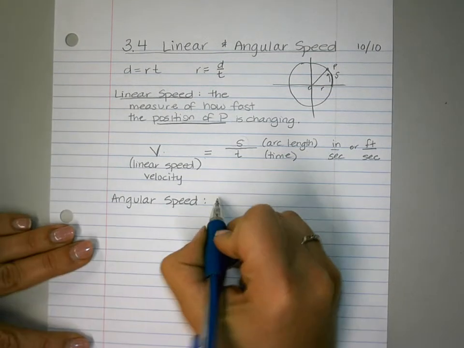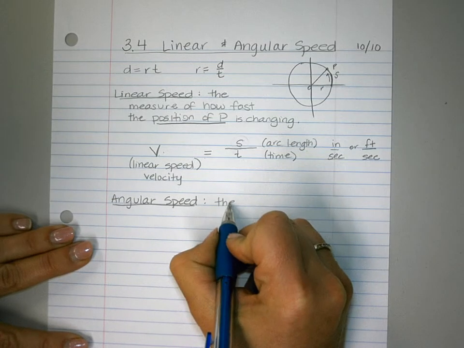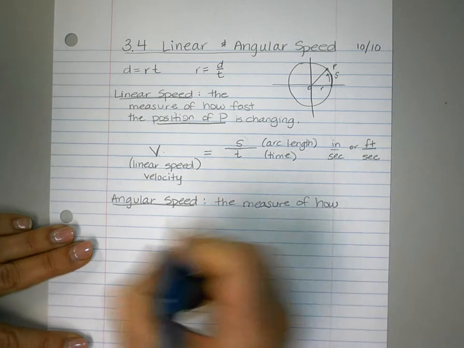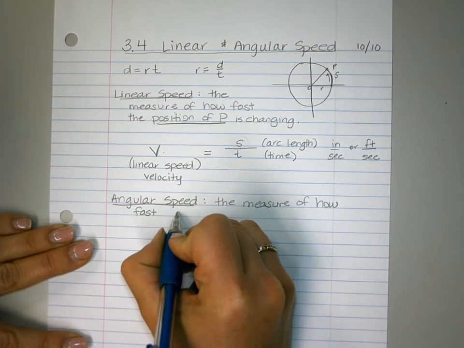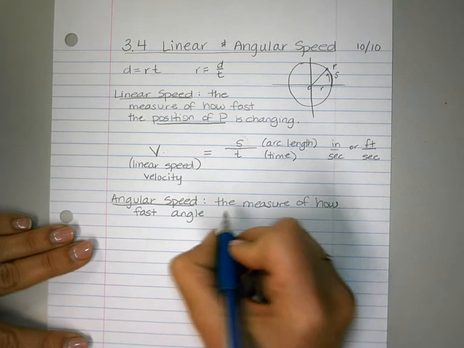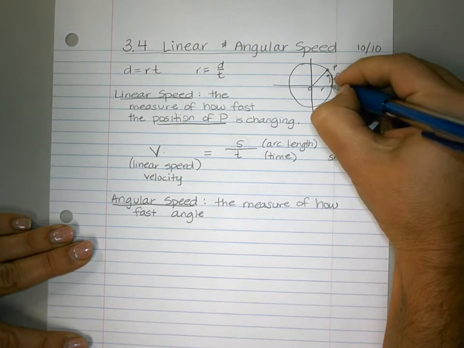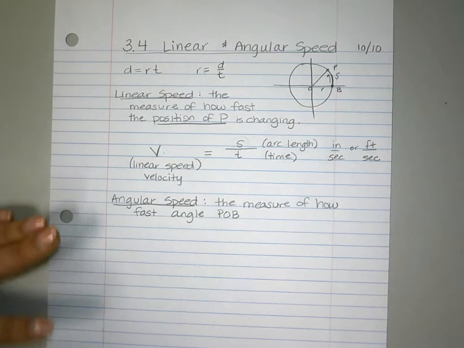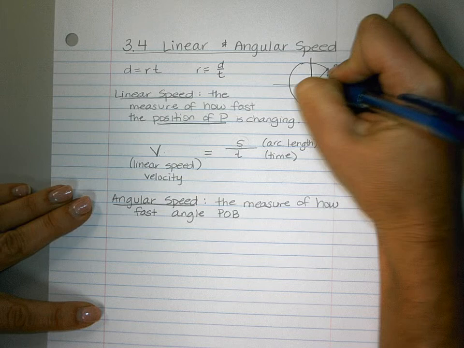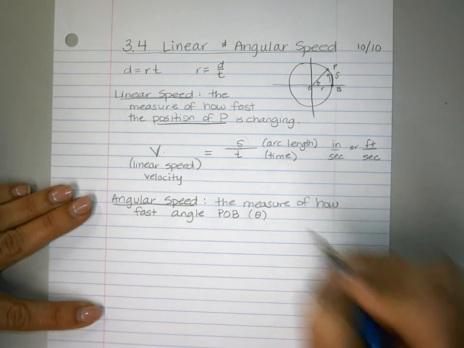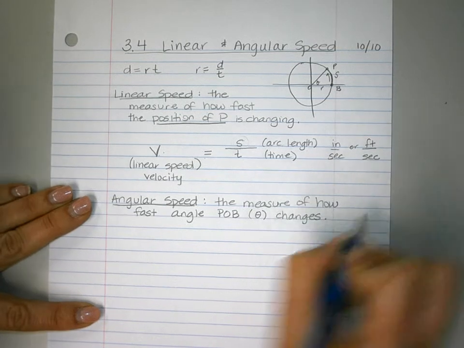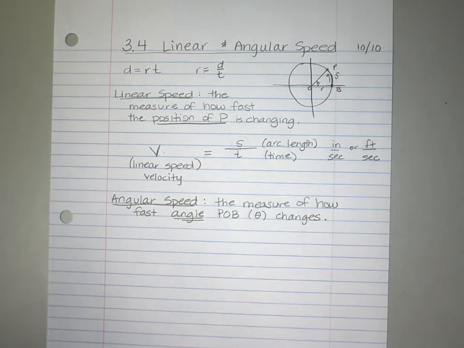So angular speed is really just the measure of how fast angle, and I'm going to specify, and actually I'm going to put back a point right here, B. So angle POB, or often our theta, maybe we should put theta there. I'll put in parentheses theta, is changing. So I'm going to underline angle. Angular speed, how fast the angle is changing.